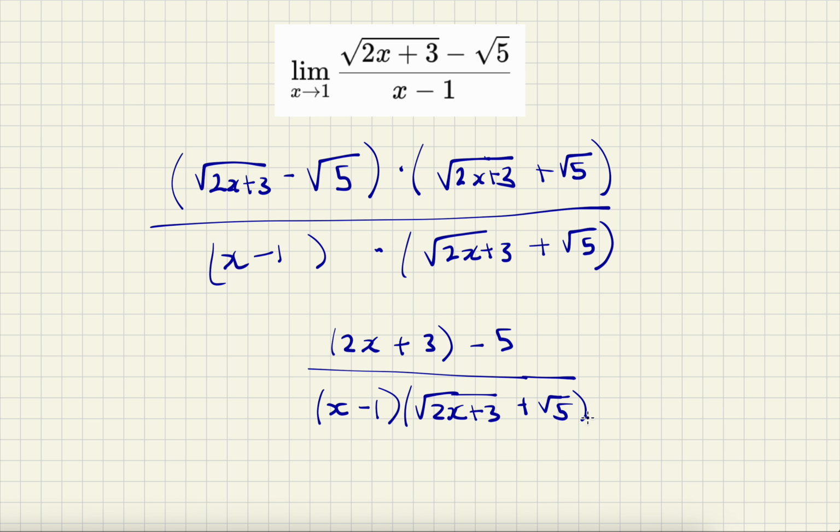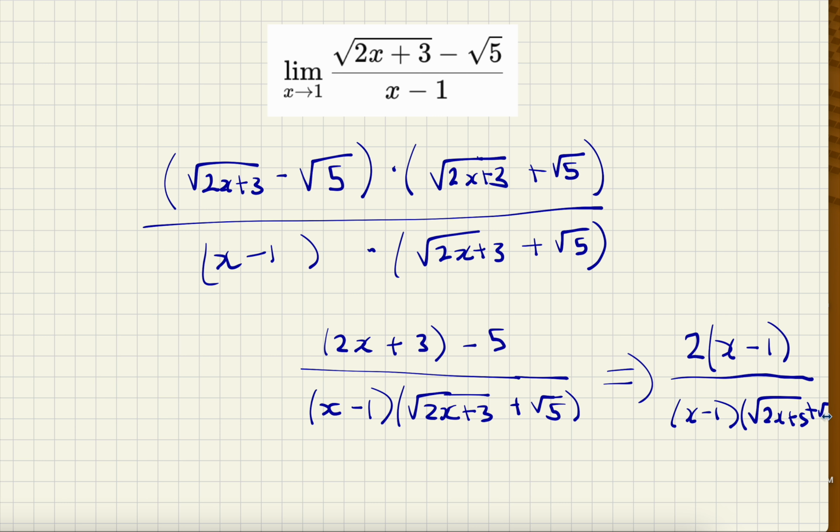Now, if we simplify the numerator, we get 2x minus 2. Actually, I'll write this as 2 times (x minus 1). You'll see why later. And we can write (x minus 1) times (the square root of 2x plus 3 plus the square root of 5).